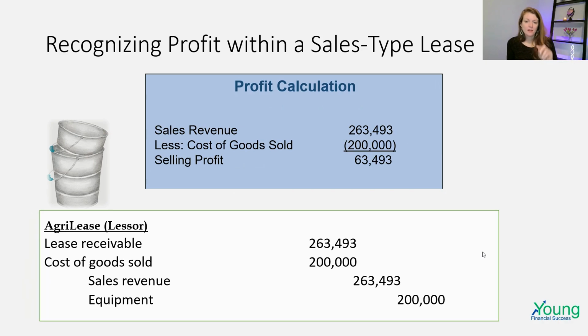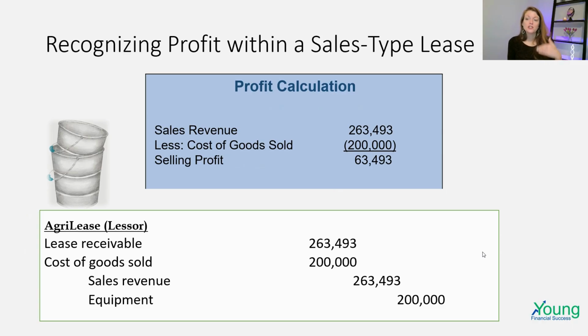And then, and I apologize, these have gotten off a little bit, but the bottom two are both credits. Sales revenue is going to be credited for the full amount of the present value of the lease payments. And then we get the equipment off the books for the carrying amount. So it's just like when we've seen this with inventory. With inventory, we make it in 2 entries, and you could make this in 2 entries as well. In fact, your homework may ask you to make it in 2 entries.